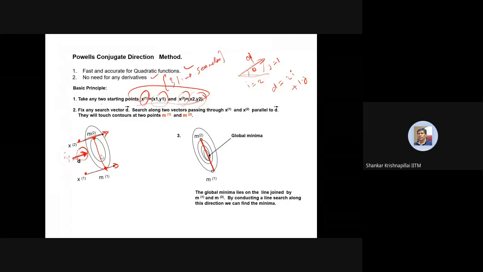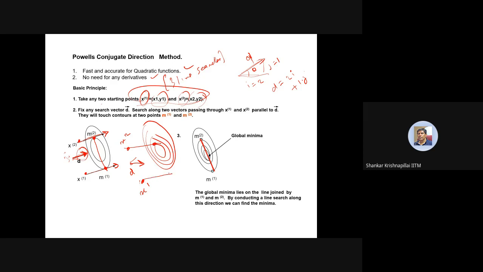So you can change the search vector also. Suppose the contours are like this, x2 is here, x1 is here. Suppose you change the search vector like this, D. Then when you search along x1, you will touch this contour.